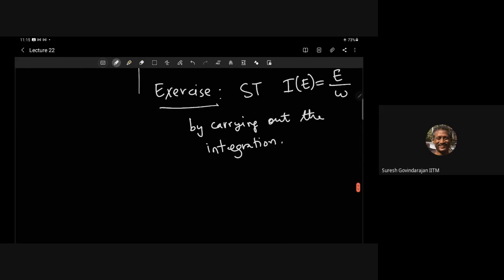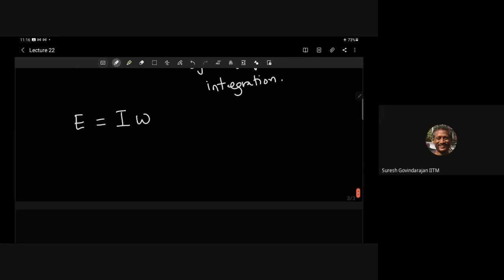So what this says is that E can be written as a function of I, as I times omega. I is a constant, so instead of writing it this way, I won't call it E now, I will write it as H prime of I equals I times omega.